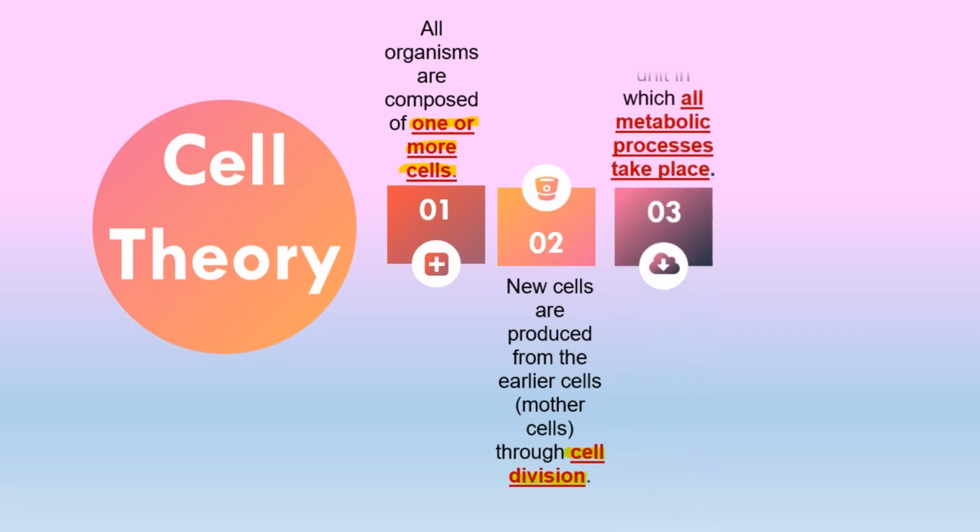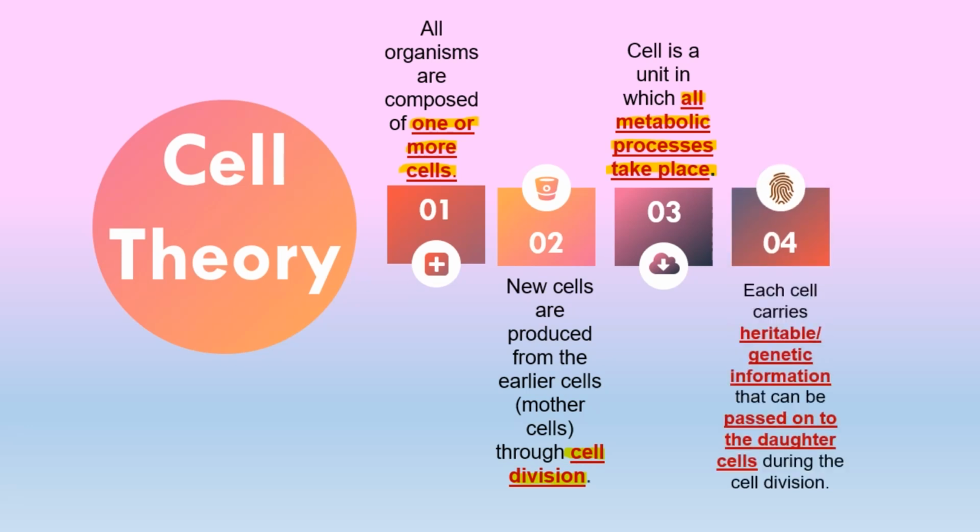Number 3, the cell is a unit in which all metabolic processes take place. And the last one, each cell carries heritable or genetic information that can be passed on to the daughter cell during cell division.